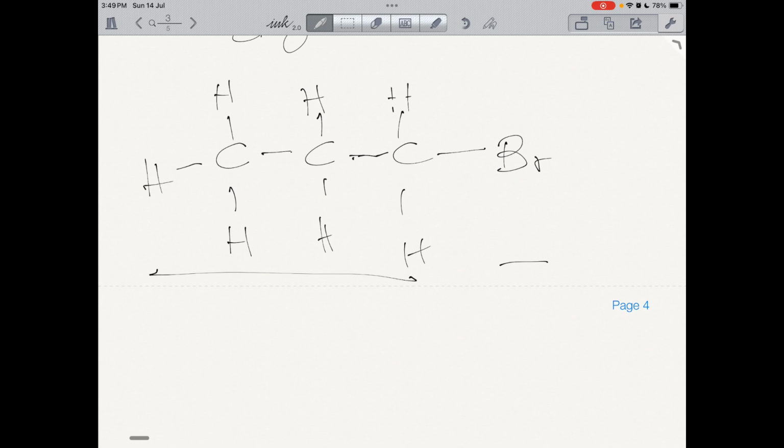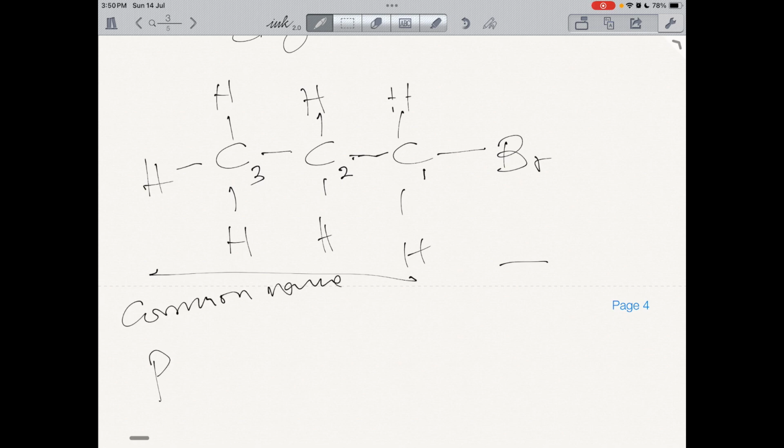However, it's important to look at the IUPAC name, because the IUPAC name makes us know the location of the halogen. So this is carbon atom 1, this carbon atom 2, this carbon atom 3.